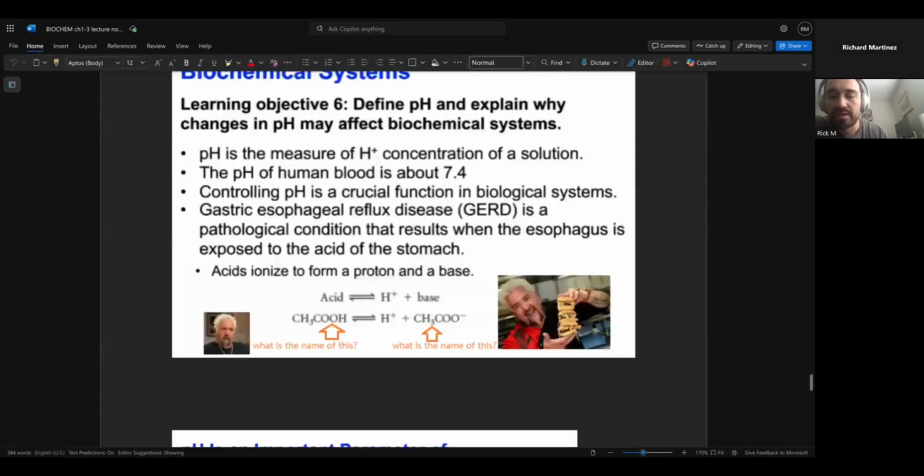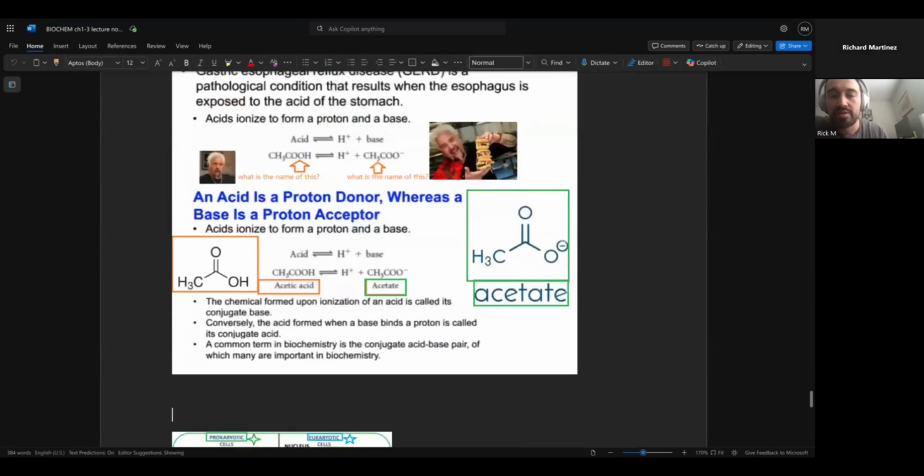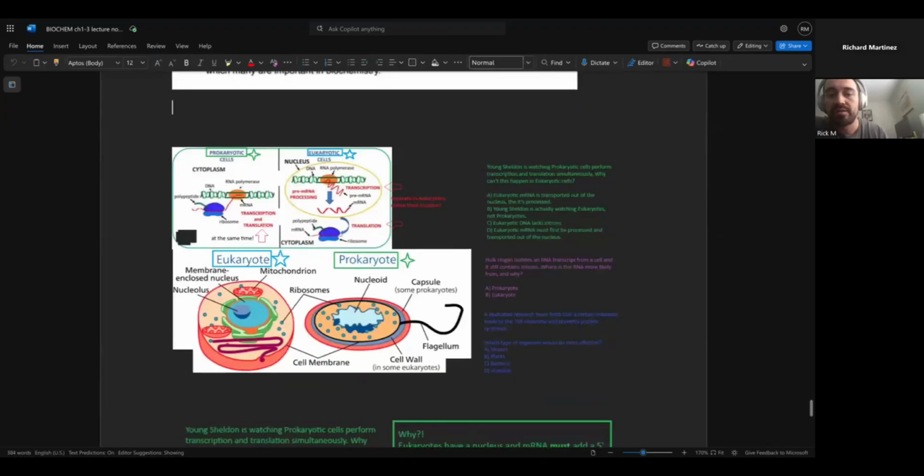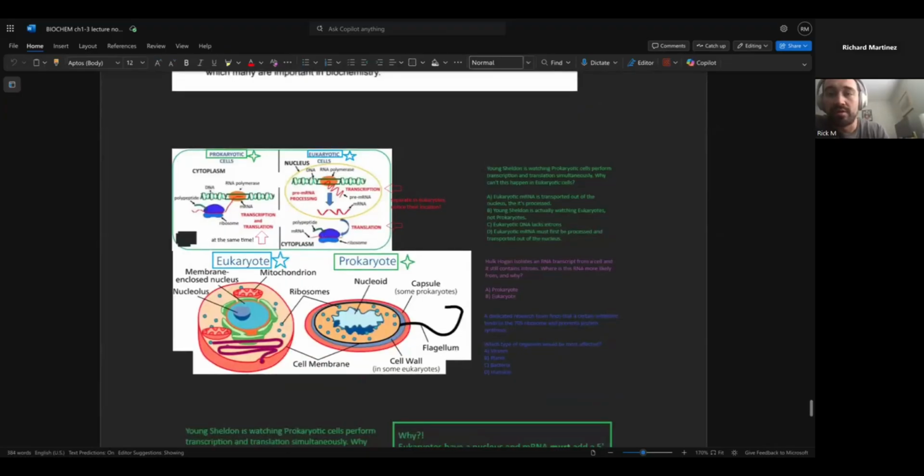But the biggest key takeaway is that we need to know pH. We need to understand amino acids. A change in one amino acid can change everything, depending on where it's at and depending on the environment as well.